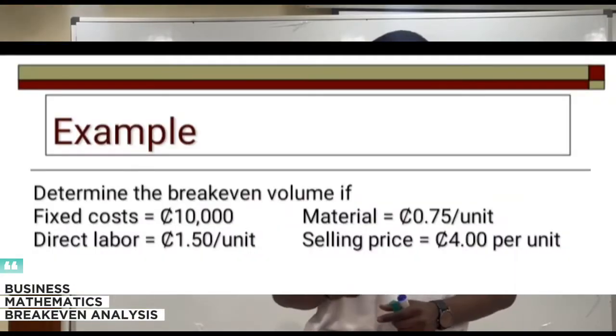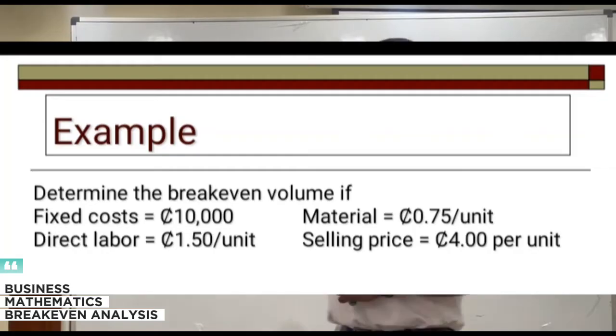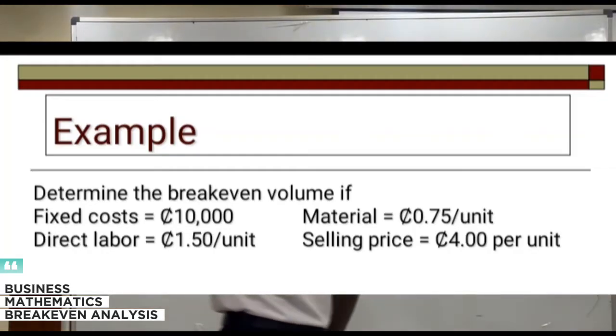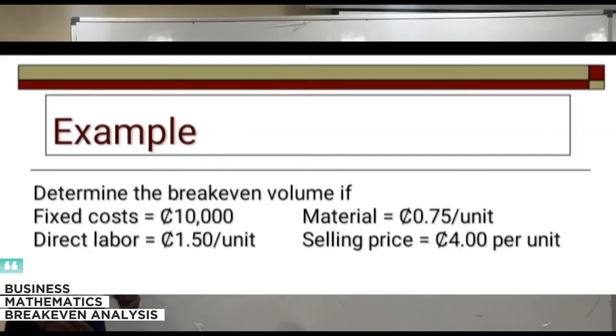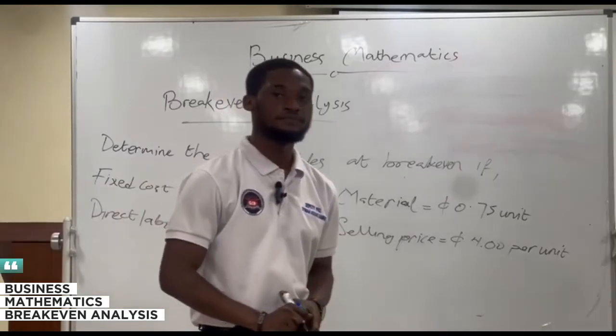So determine the value of sales at break even if fixed cost is 10,000 cedis, direct labor 1.50 per unit, material 0.75 per unit, and selling price 4.00 per unit. Don't be confused here.